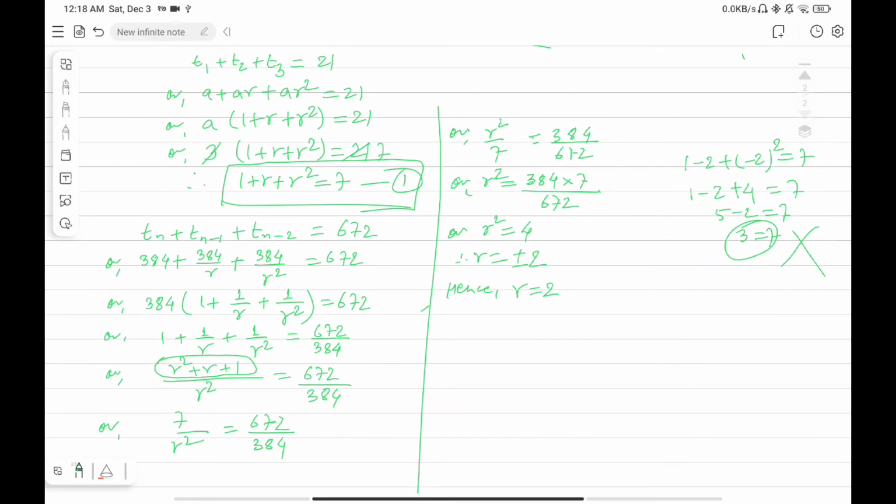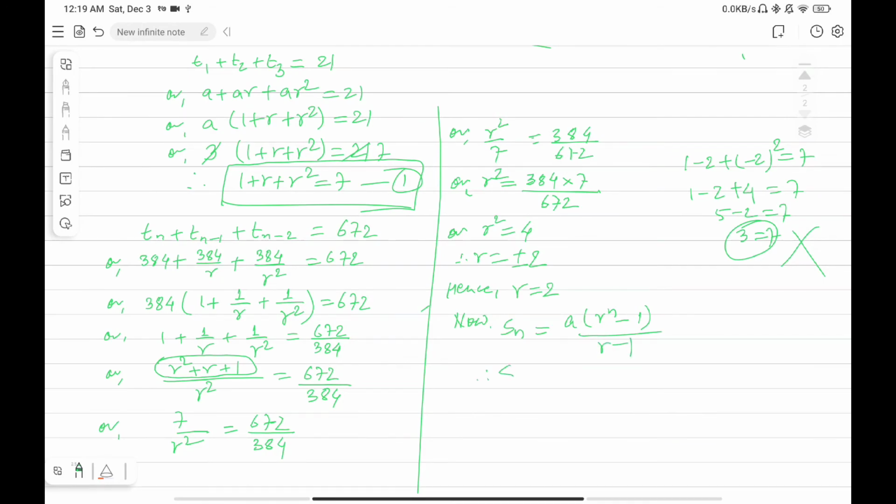Now we can find the sum of first 5 terms pretty easily. We know that the sum of n terms is given by a times (r to the power n minus 1) divided by (r minus 1).